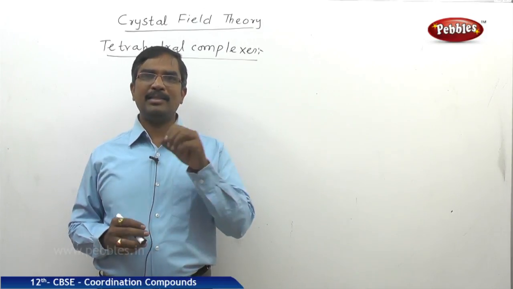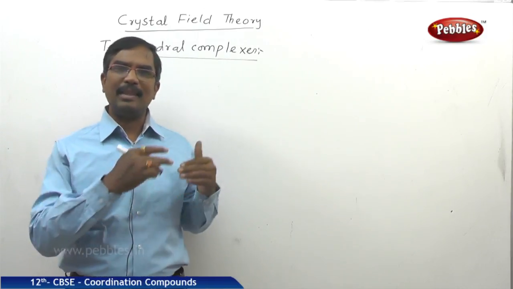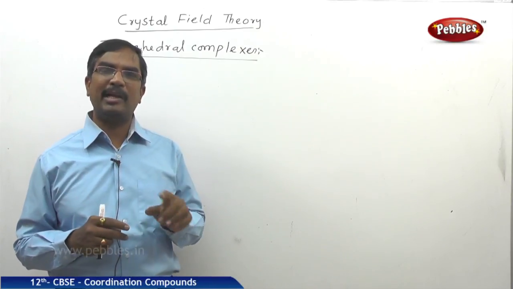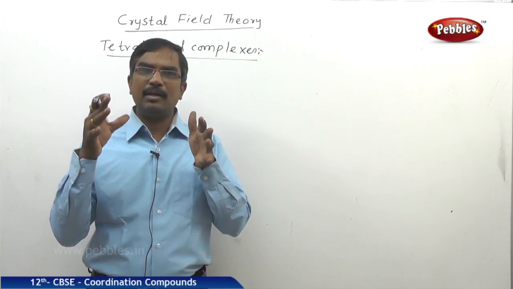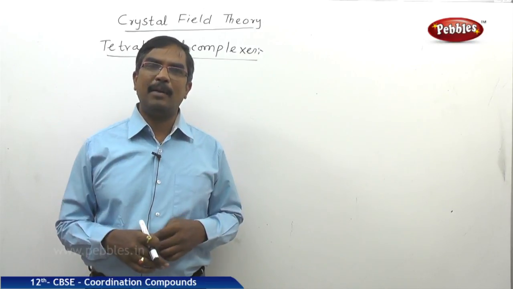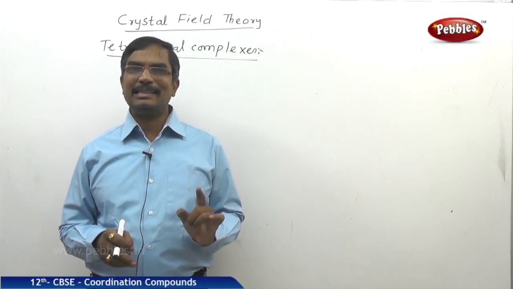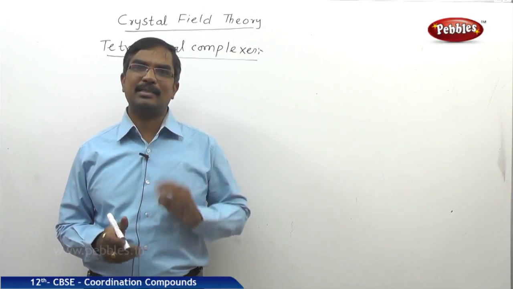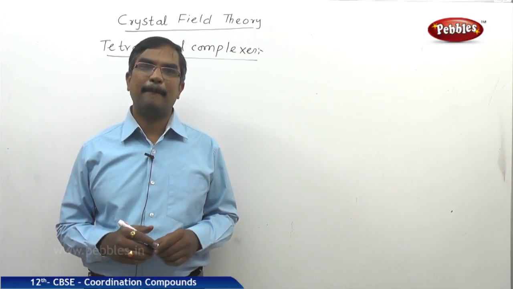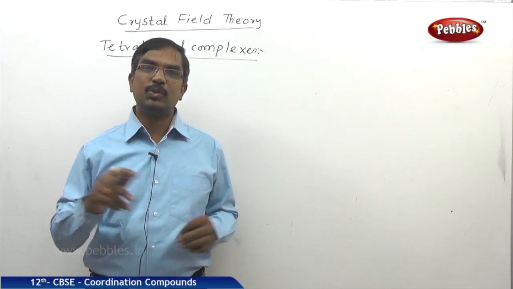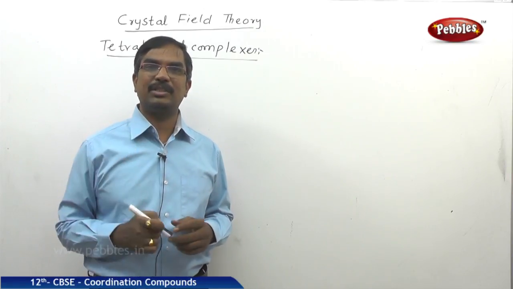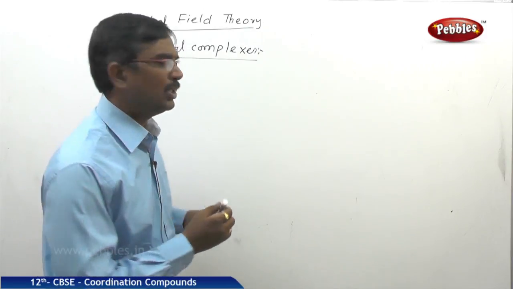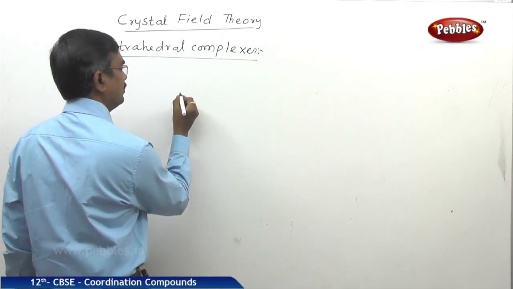Let us see how the d orbitals will undergo splitting in the case of tetrahedral splitting. We can see here dxy, dyz and dzx. These will face toward the center of the edge.